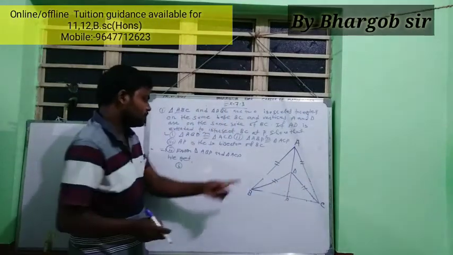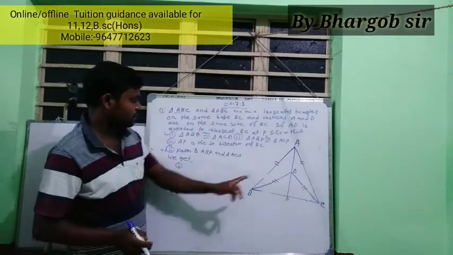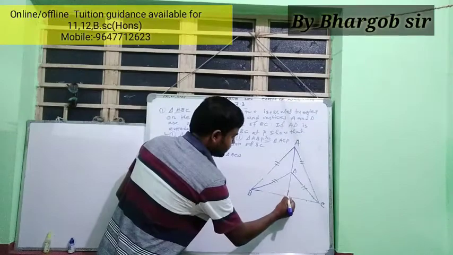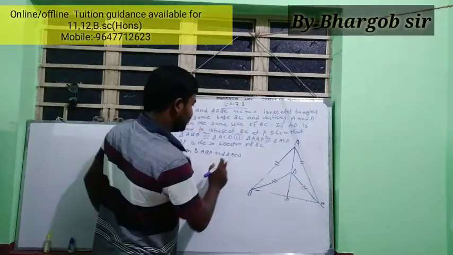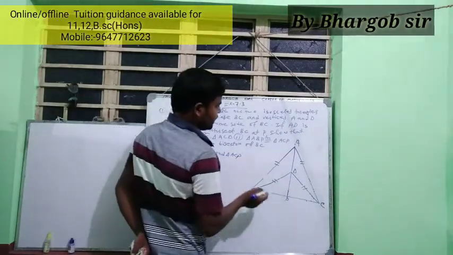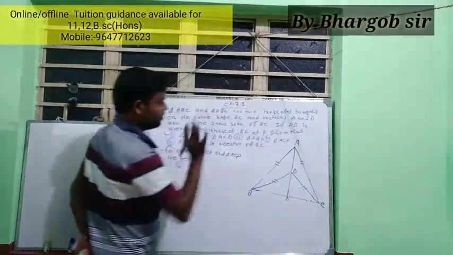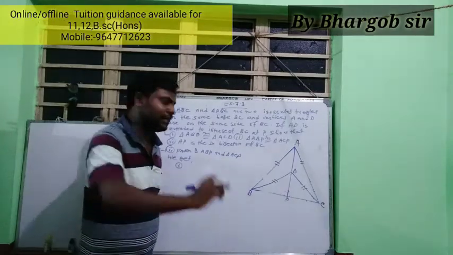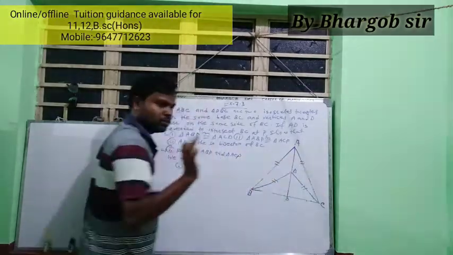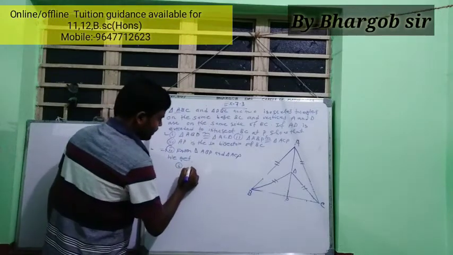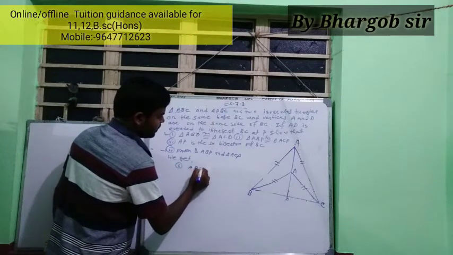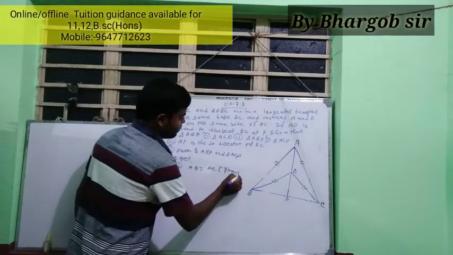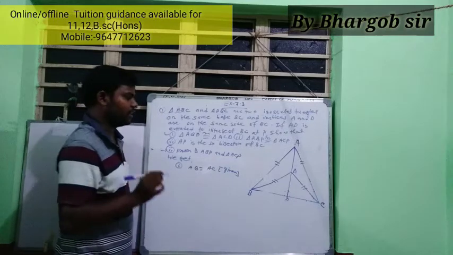Now notice on the board, the triangle ABP and triangle ACP. Since we have taken in the big triangle AB equal to AC, we can write AB equals AC, given, no problem, because this is the isosceles triangle.